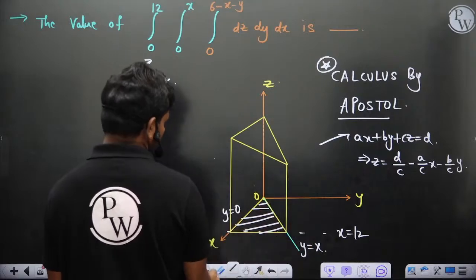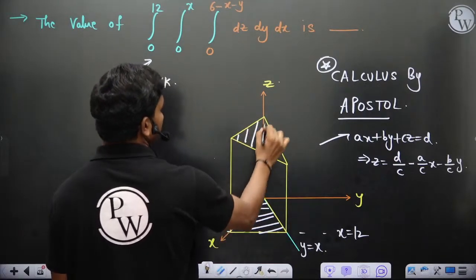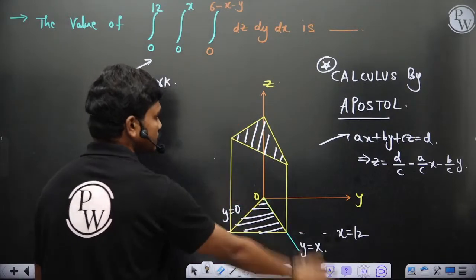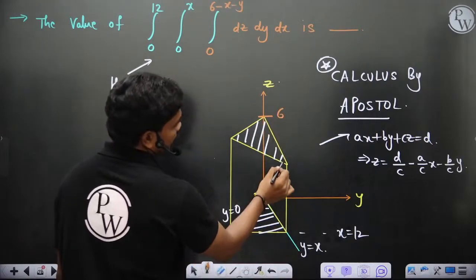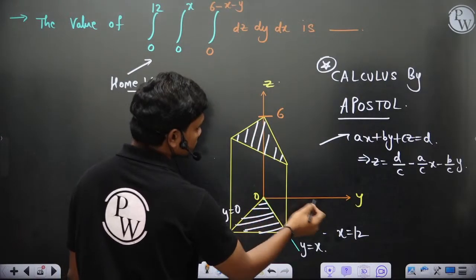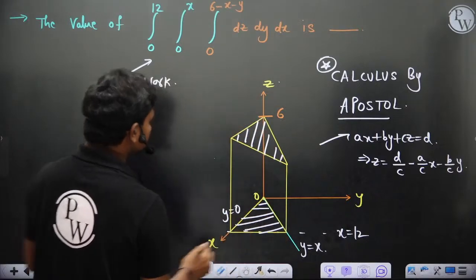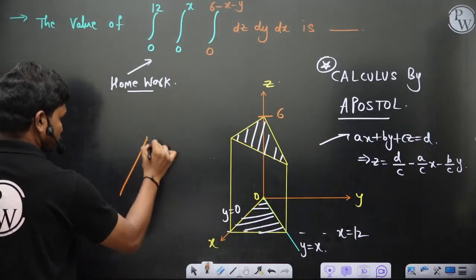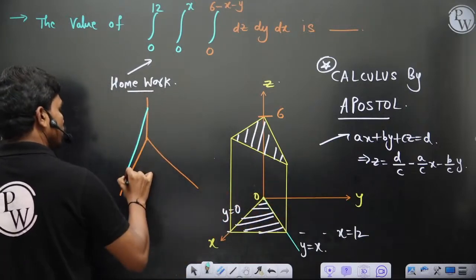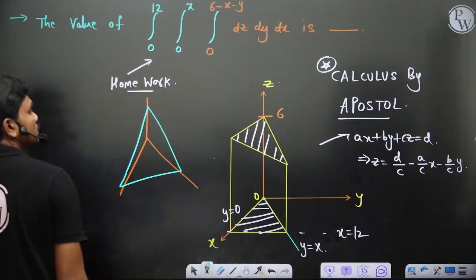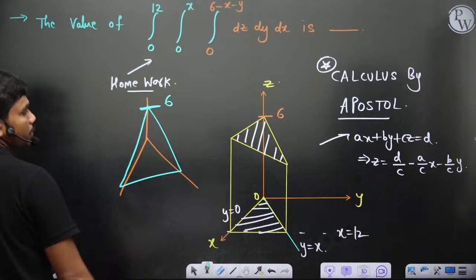I hope you can see now this is a plane, and let's say it makes an intercept of 6 at this point, with x intercept 6 and y intercept also 6. So there's a plane like this, like a trapezium, and this plane has some coordinates, given by z equal to 6.